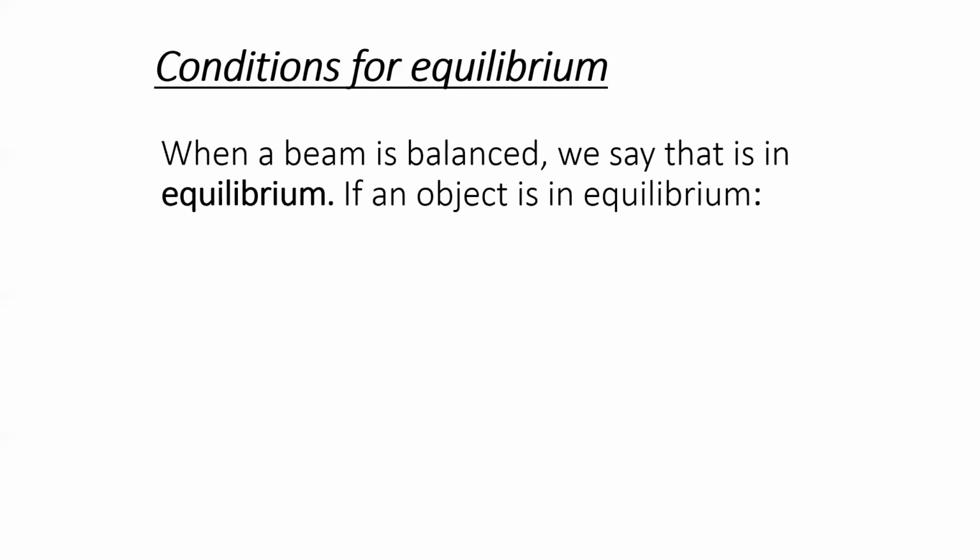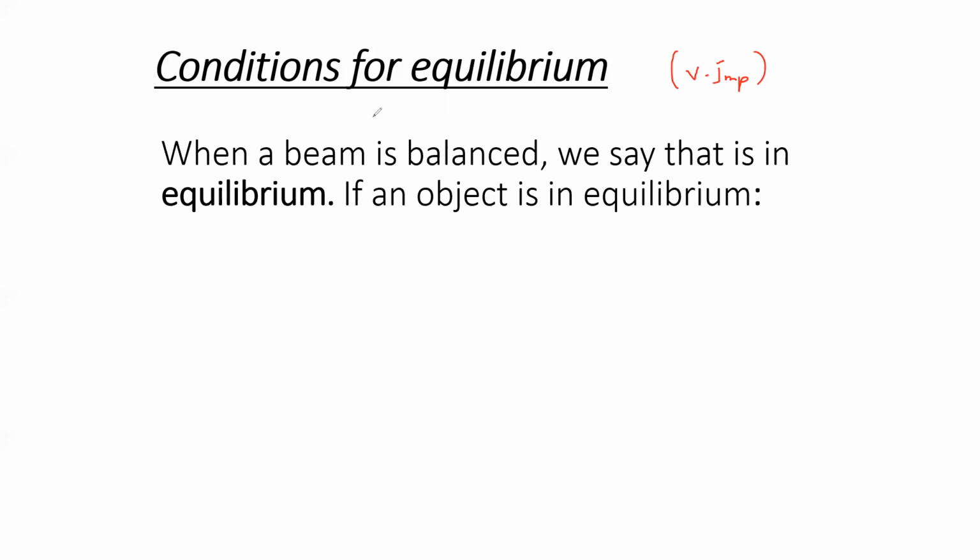And what are the conditions for equilibrium? This is very important. In the exam, you will find many times they ask this question: state the conditions of equilibrium. When a beam is balanced, we say it is in equilibrium.